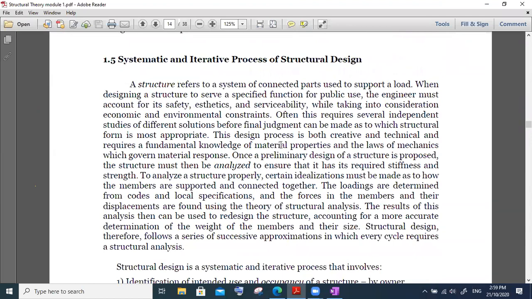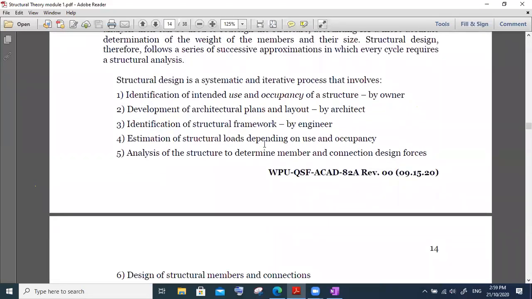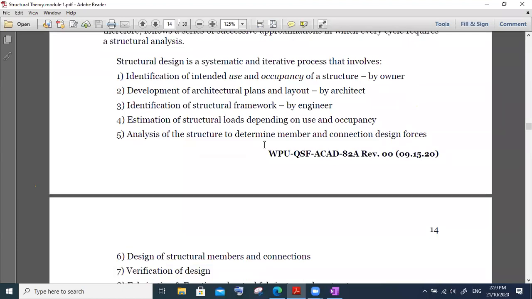Okay, so let's proceed with the systematic and iterative process of structural design. Ito lang tatandaan natin, ano yung process, sino yung involved. In our step number 1, the identification of the intended use and occupancy of the structure by the owner. Of course, yung owner yung magde-decide kung ano yung structure, kung ano yung building na ipapatayo niya.